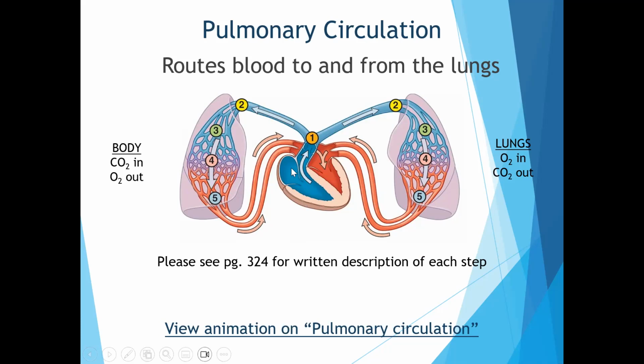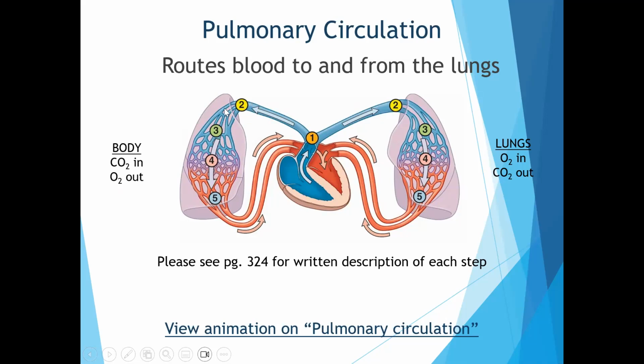So remember, the right atrium is receiving our blood back to the heart. We're going into the right ventricle, and then that right ventricle is going to pump through the pulmonary arteries. The pulmonary arteries are going to carry blood to both the right and the left lung. So the body's putting CO2 in, we're getting oxygen out.